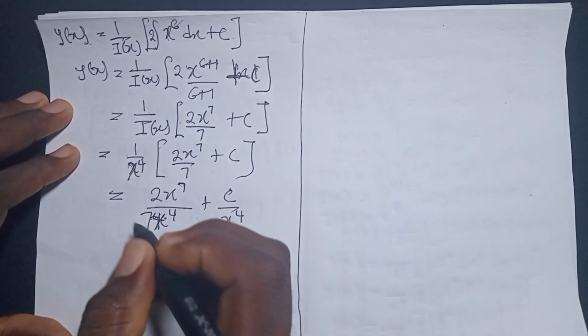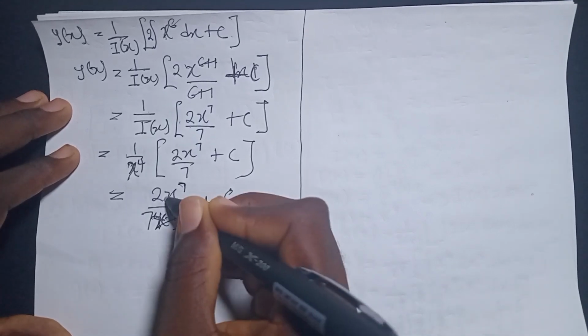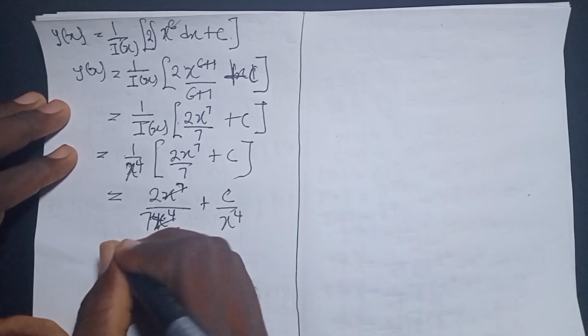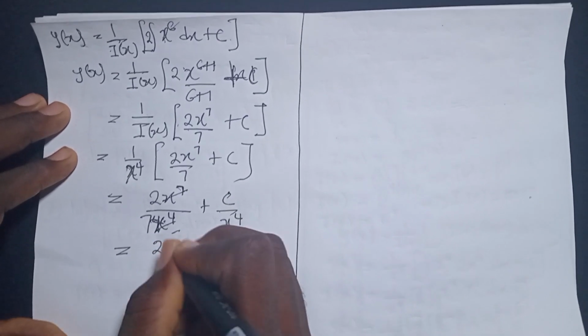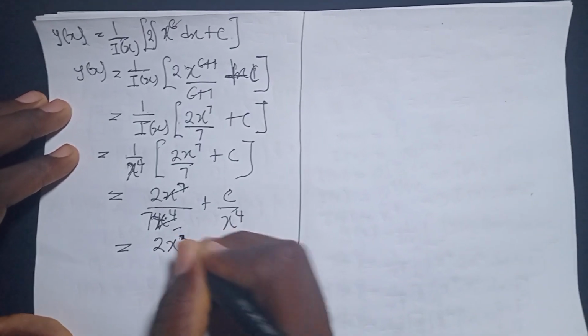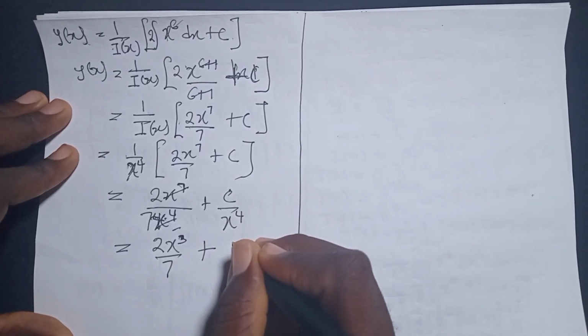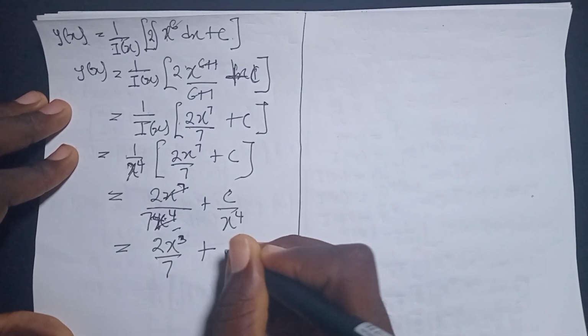And now x raised to the power 4 can cancel itself. X raised to the power 7 divided by this will give you 2x raised to the power 3 over 7 plus c over x raised to the power what?